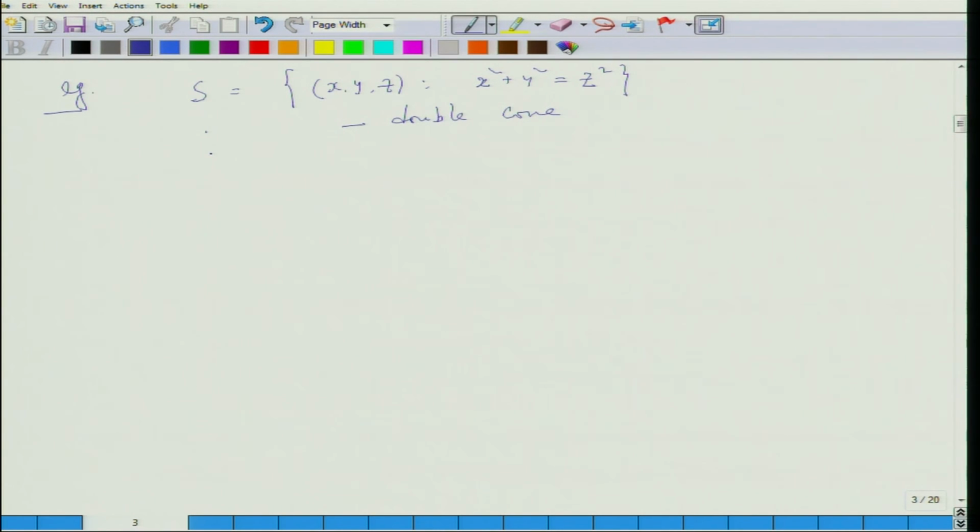Well, how will it look? If I draw like this, then this will be, I draw better on the board. Well, let me draw it on the board.